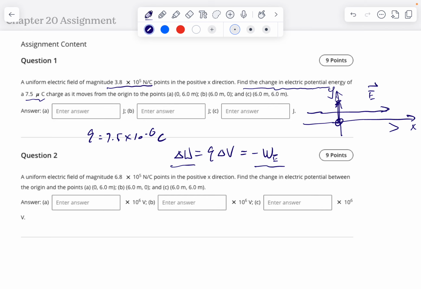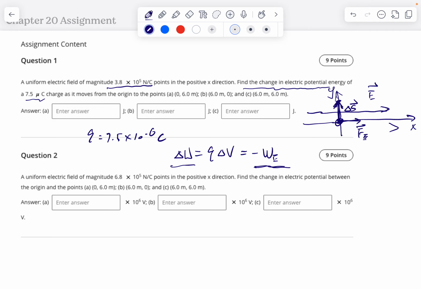What is the work done by the electric field? You have a negative charge here, a positive charge here. This is your electrical force. You see a positive charge in an electric field; this is the direction of electric force. And then you have the displacement from here to here.